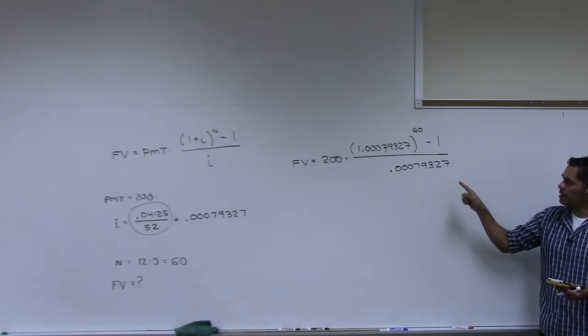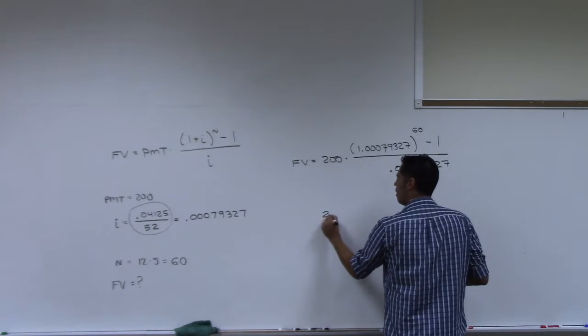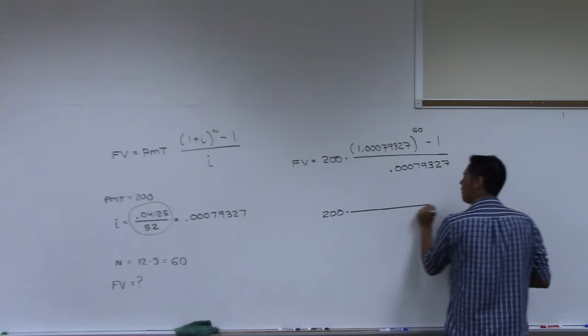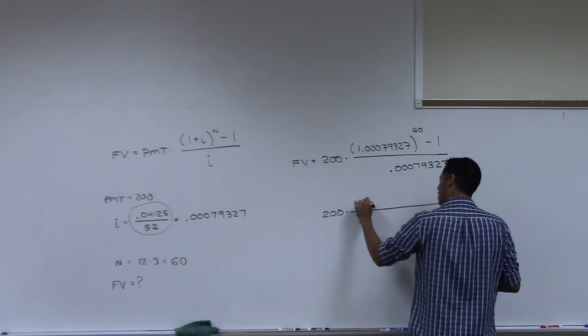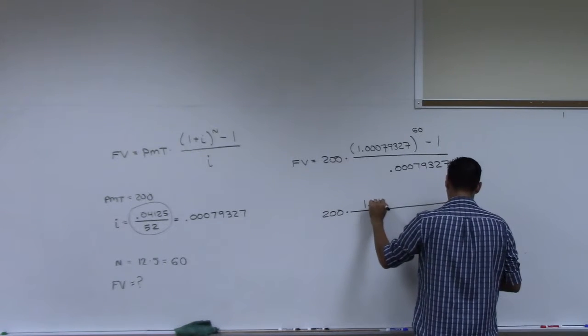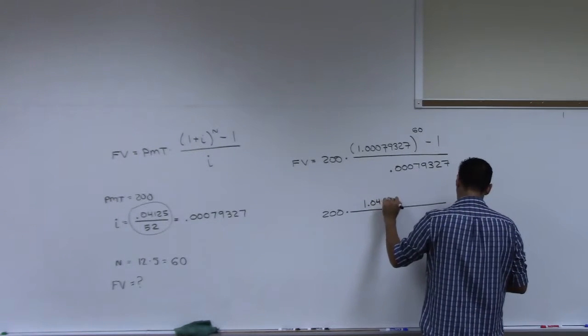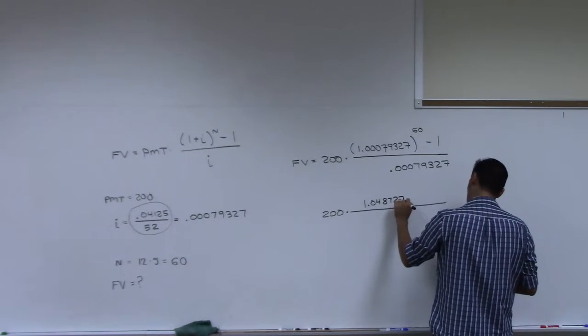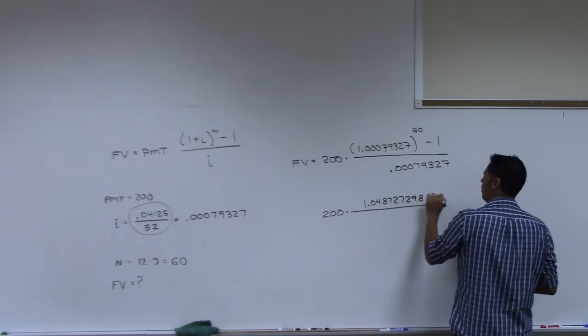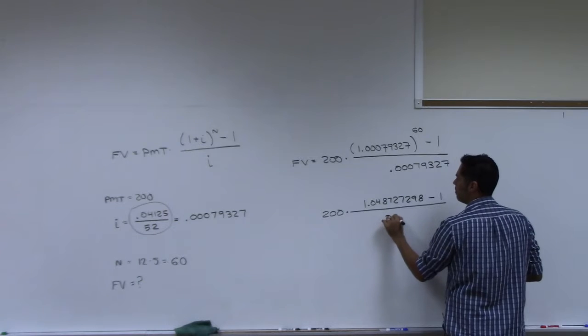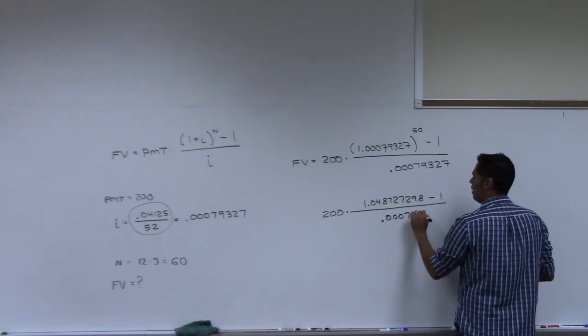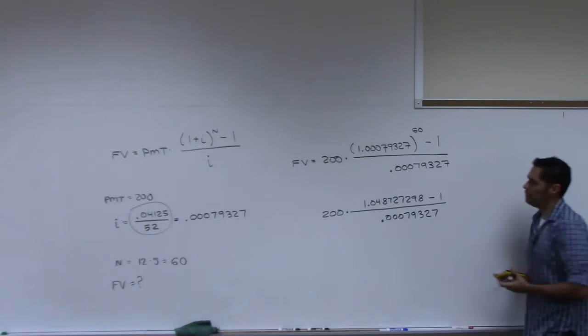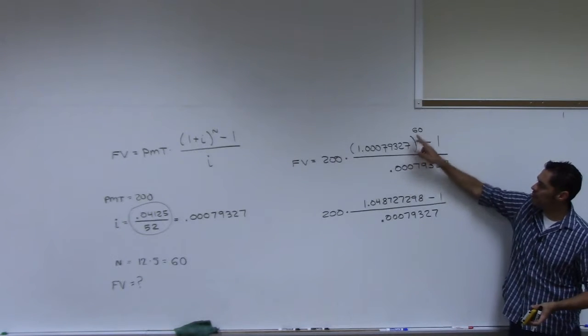Do you want me to write down what I get? I'll write it down. I get 1.048727298. And then I still need to subtract 1 and then divide that by 0.00079327. So just make sure you're getting this to the 60th is that.